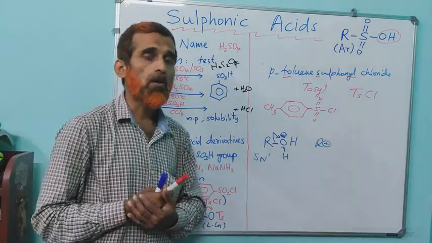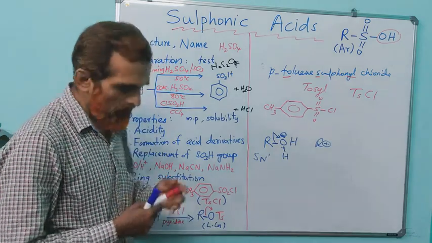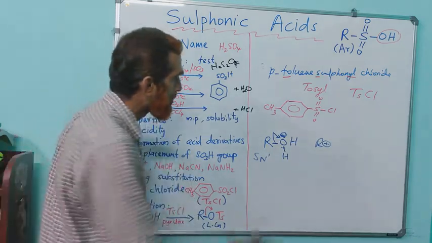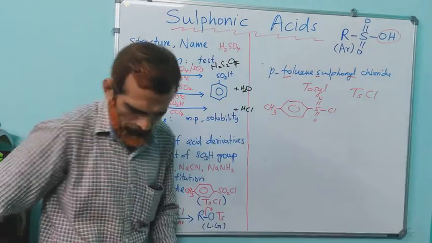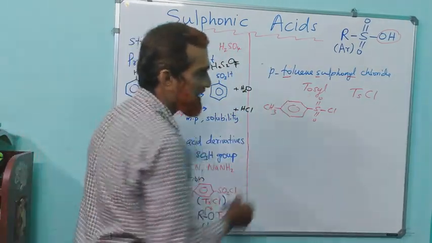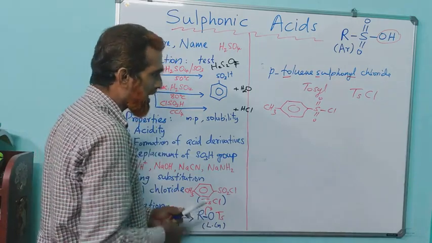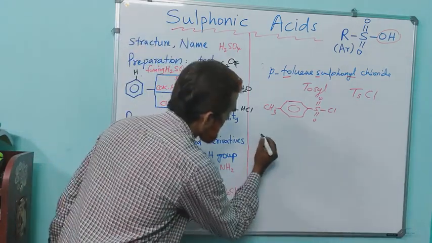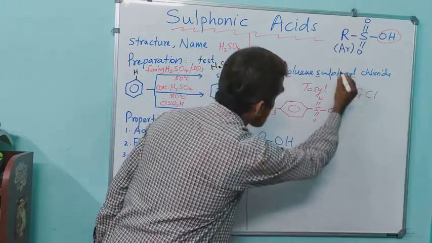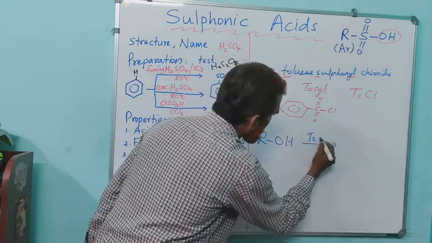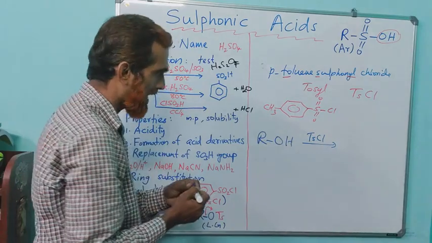So the way out is to convert alcohol into another leaving group which is a better leaving group, and that is tosylate. We convert alcohol, see, alcohol is treated with this compound TsCl, that is tosyl chloride.